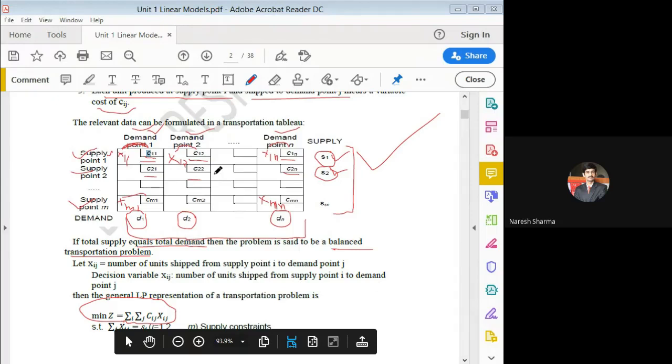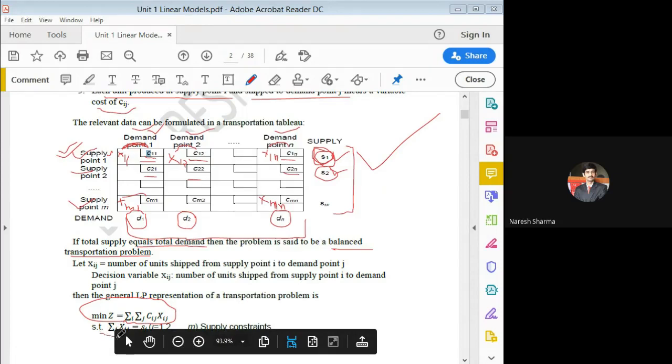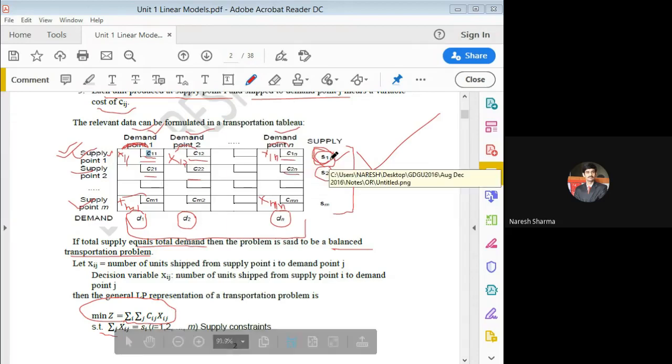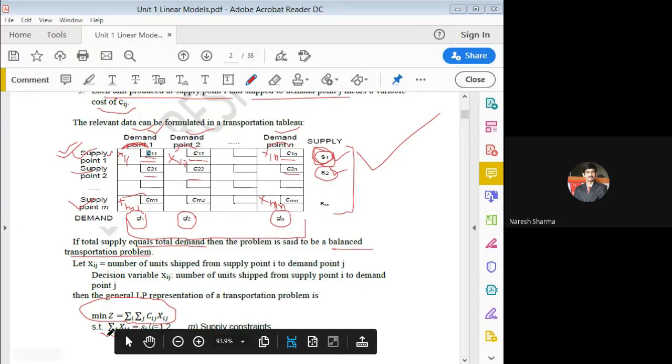Also we know that we have the supply constraint. That means the first supply point, or you may say factory, is able to supply S1 number of units only. So if we add all these x, x11, x12, up to x1n, that should be less than or equal to S1, or you may say at most S1.